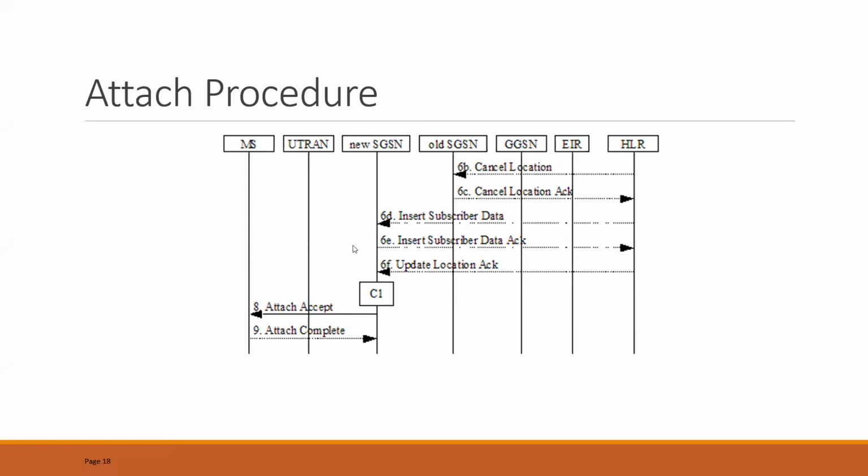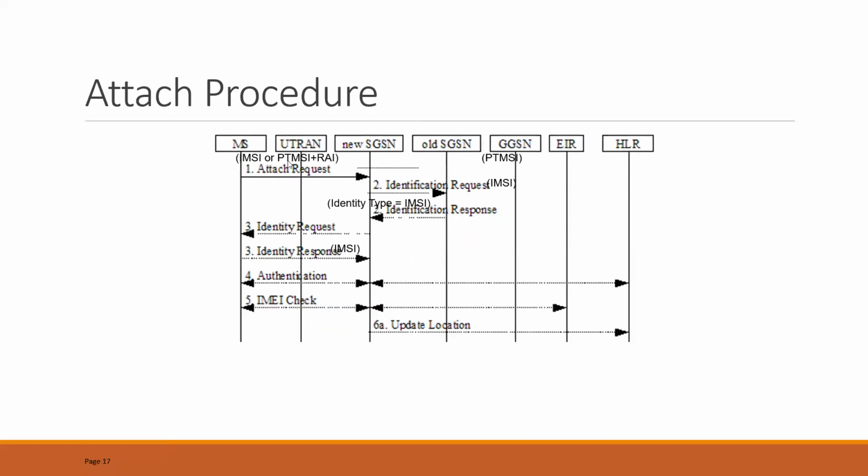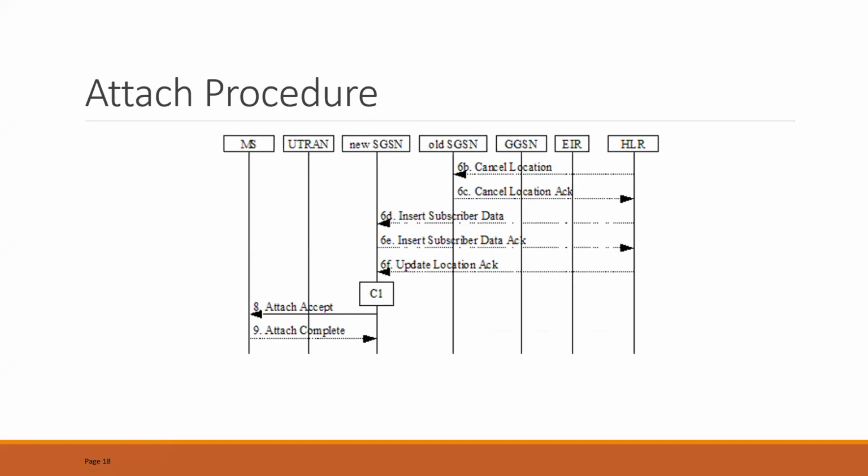So once the profile is also saved in the SGSN, then the SGSN will send an attach accept message to your MS, and in this attach accept message, it will send an updated P-TMSI. TMSI is basically a temporary mobile subscriber identity, because your IMSI is a unique number that uniquely identifies your SIM, so that is not used for communication for security purposes.